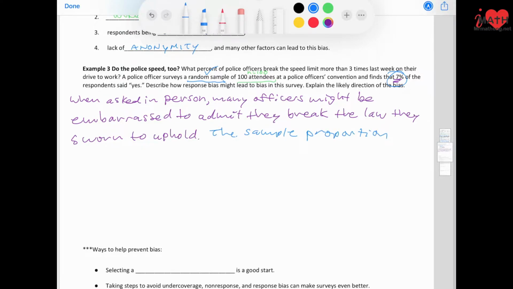Well, what do you think? Is it going to be smaller than or higher?